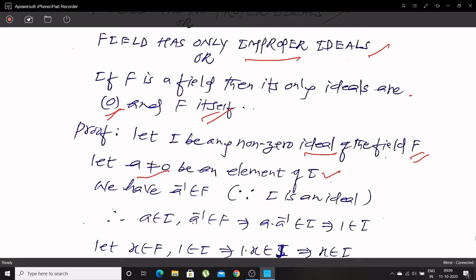Since it is an ideal, therefore it is a subring. If it is a subring, it is a ring, which means it has an inverse element.